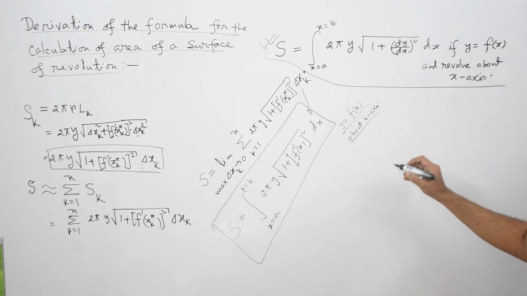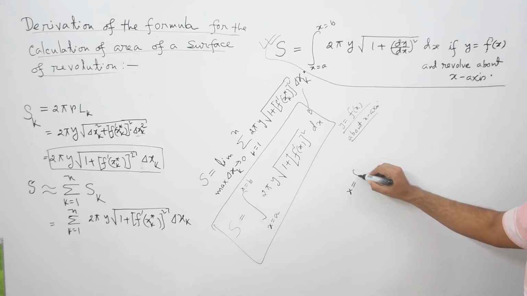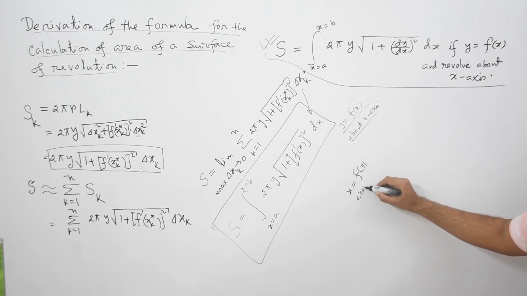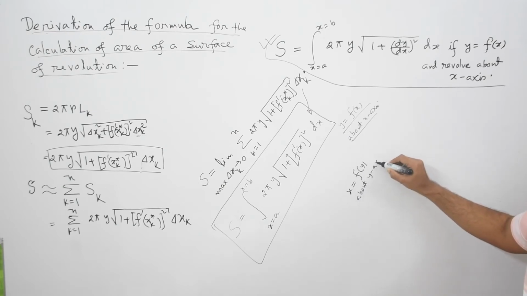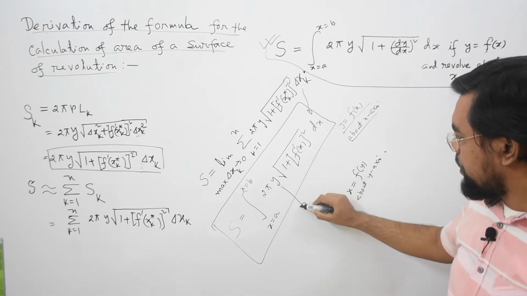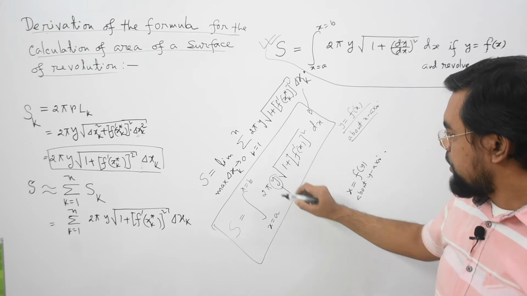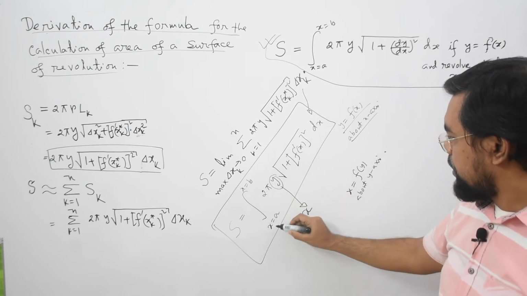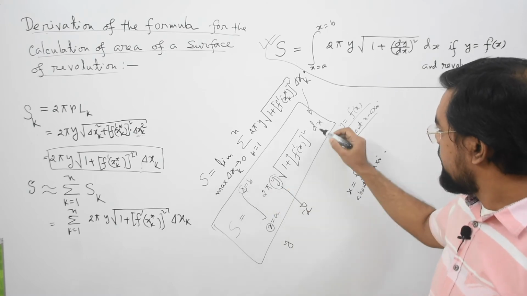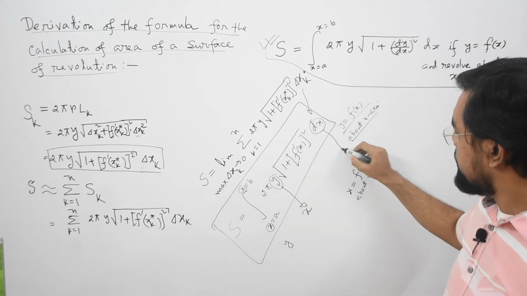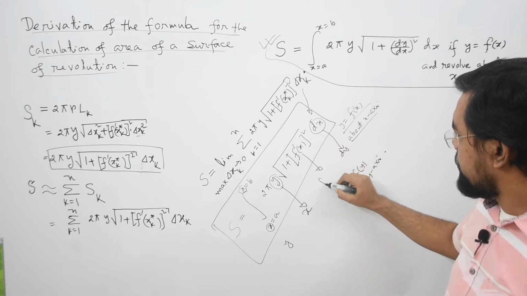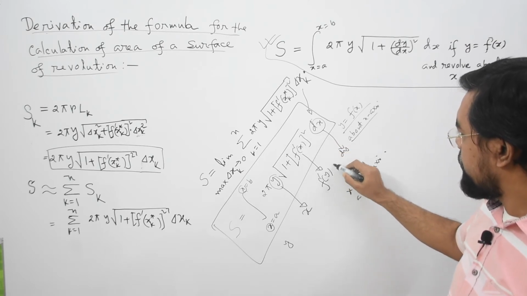However, if your curve is like this, x equal to a function of y, and if you revolve about the y-axis, then instead of y you should write x, and the integration will be on y, and instead of dx you should write dy, and f prime x will convert to f prime y.